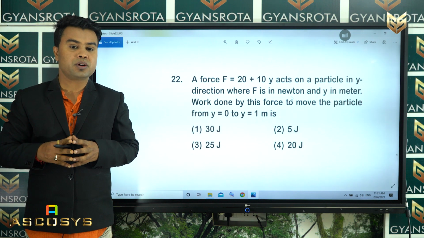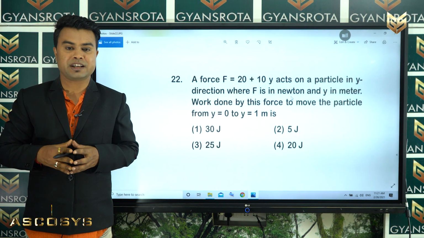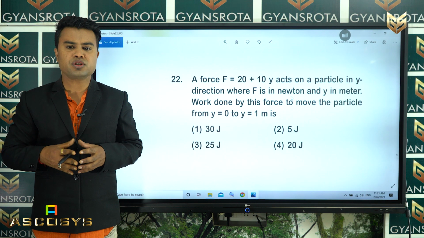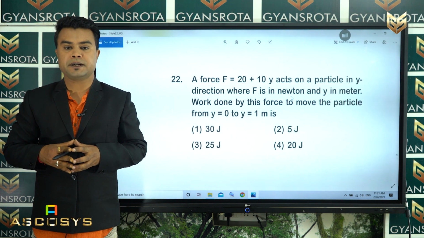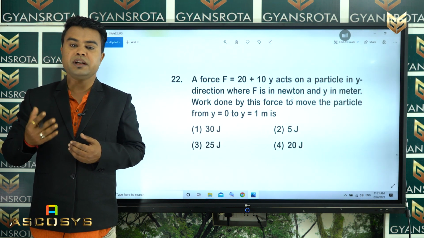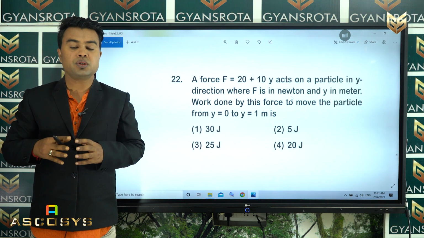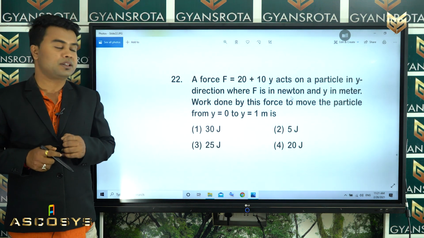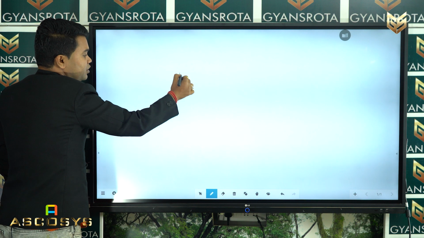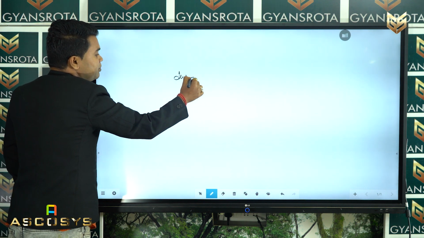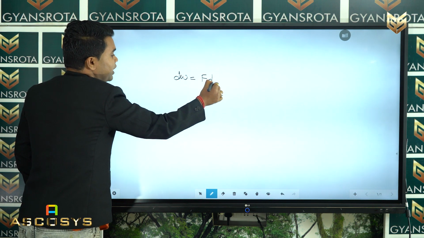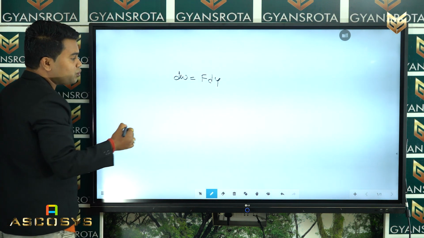So how do you calculate work done? That is from the chapter work, power and energy. Work done is nothing but your force multiplied with displacement. Okay, now from where to where is the limit given? y equals 0 to y equals 1 meter. So the small work done can be written as dW equals F dy. Now I need to calculate the total work done, right?